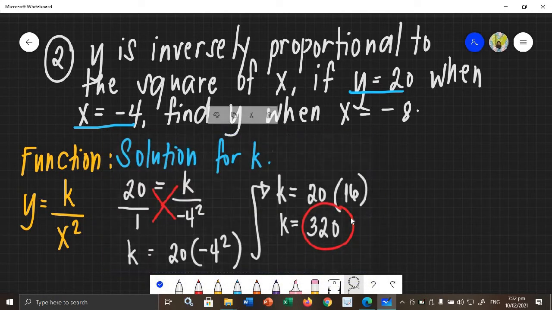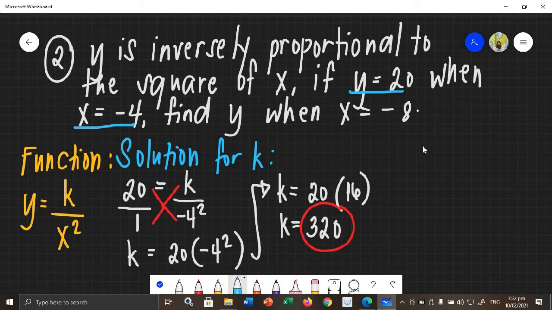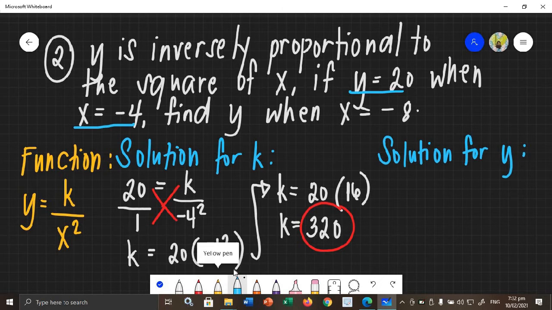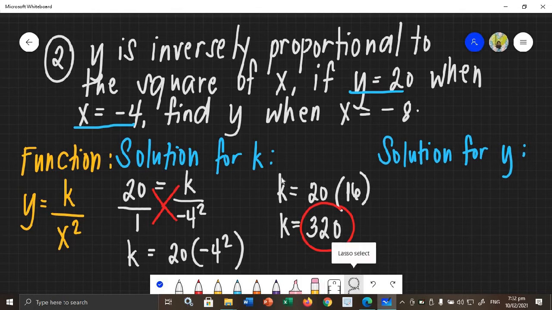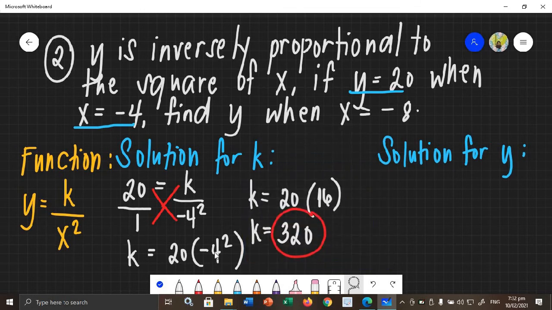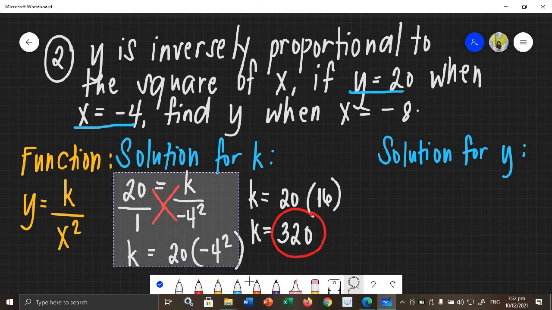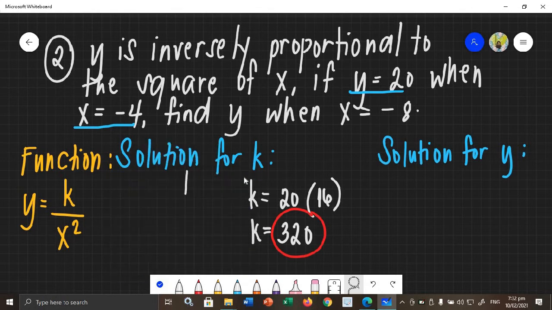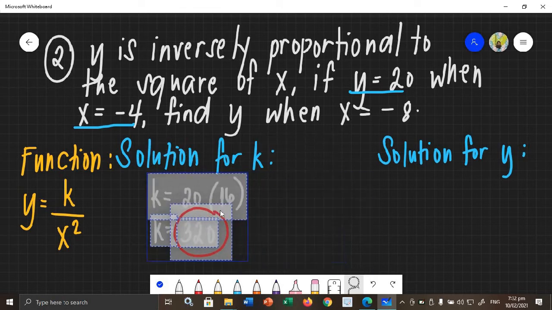So, using the same function, solve natin yung value ni y. So, I'm just going to erase this part no kasi hindi na siya kasya. Tapos, ito yung value ni k.